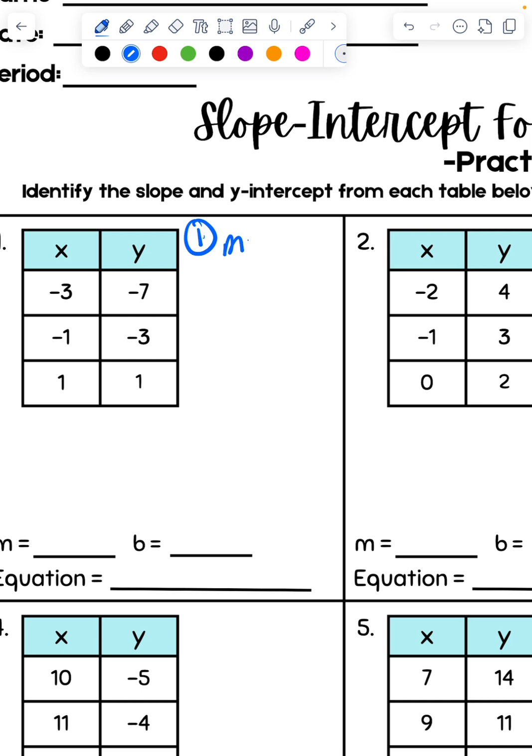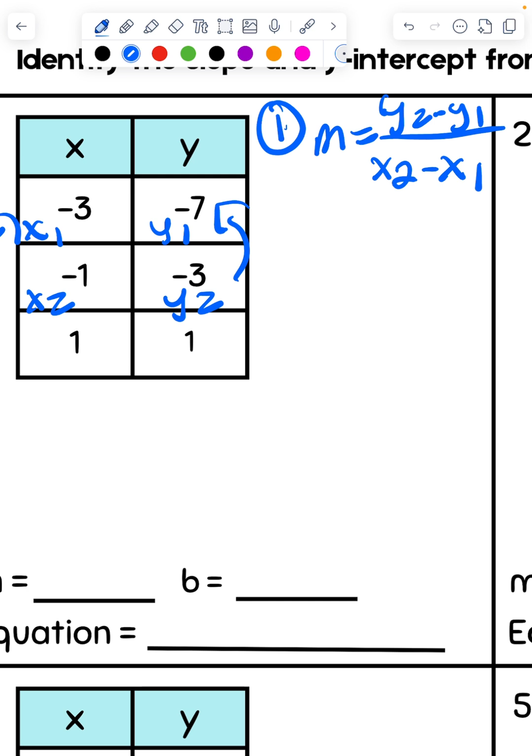So my slope is equal to y2 minus y1 over x2 minus x1. So I'm going to label that x1, y1, x2, y2. Draw my arrows so I know which way I'm writing it. Okay. Then I'm going to come over and say m equals -3 minus -7 over -1 minus -3.